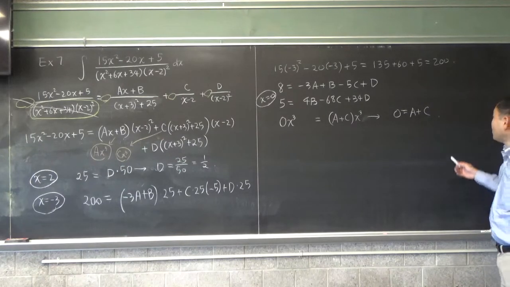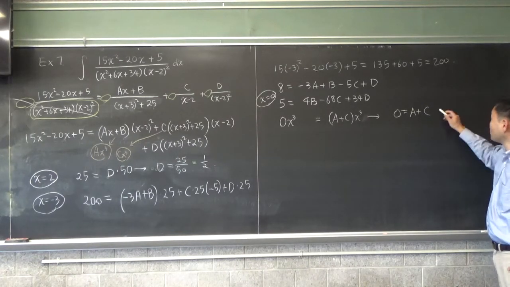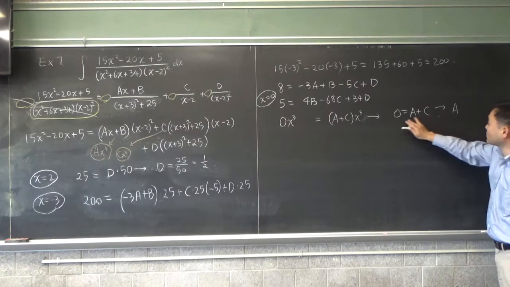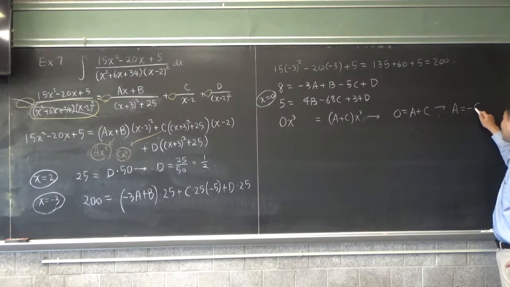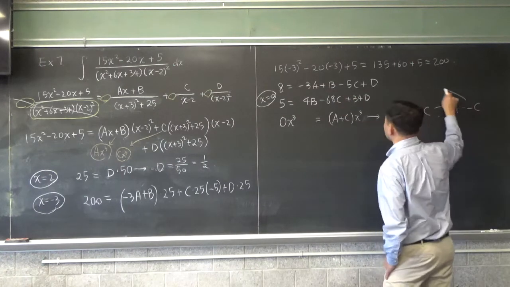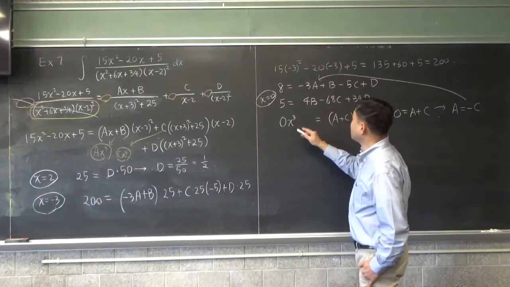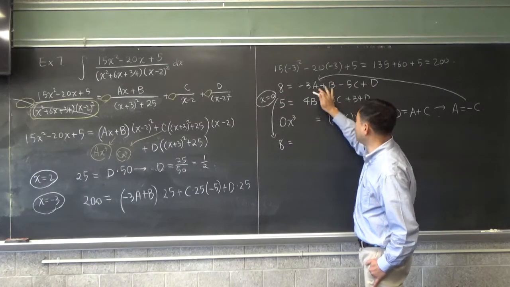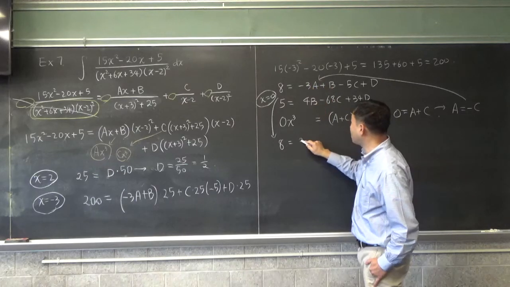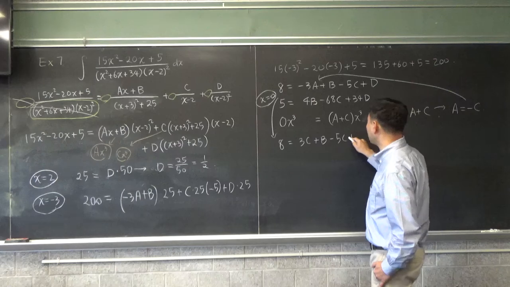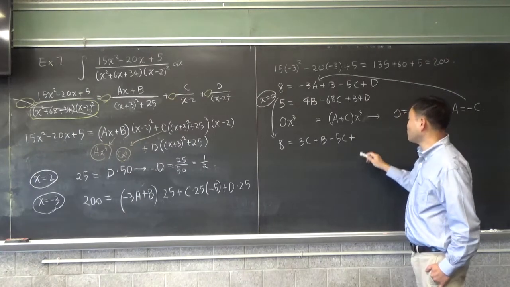Okay, so let's solve it. How do you solve such a thing? Well, you solve it by solving for one of the variables. Just subtract c to the other side, so a is equal to negative c. Plug that into one of them. So this will now turn into negative c times negative 3, which is positive 3c, plus b minus 5c plus, let's say, 1/2.